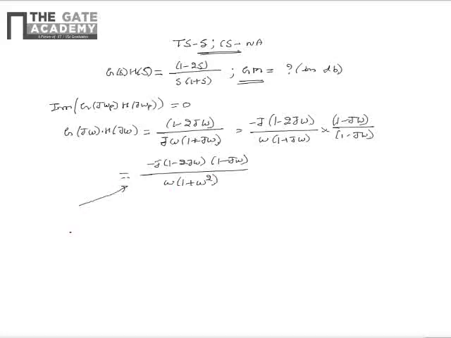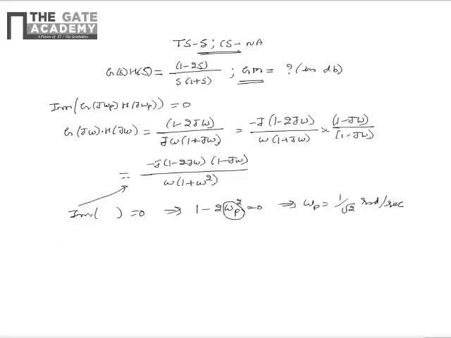Now in the obtained G(j omega)H(j omega), let us equate the imaginary part to 0. Upon doing the same, we see that the imaginary part, that is 1 minus 2 omega p square, should be equal to 0 because this value of omega p corresponds to phase crossover frequency. So from this, omega p is equal to 1 by root 2 radians per second.